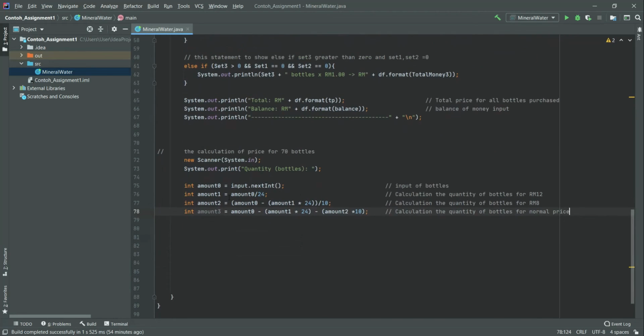So the first integer is amount 0, the declaration for input of bottles. Amount 1 is the declaration of the calculation of the quantity of bottles for 12 ringgit. Amount 2 is the declaration of the quantity of bottles for 8 ringgit. Amount 3 is the calculation of the quantity of bottles for normal price.